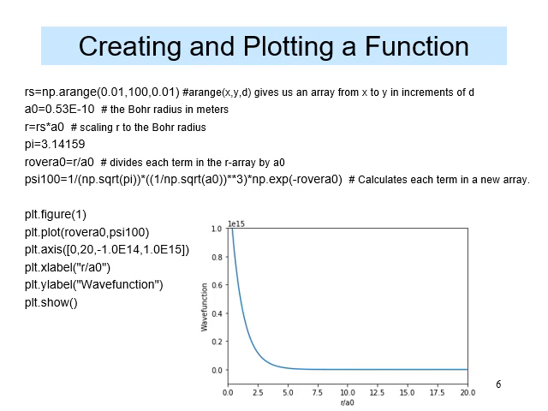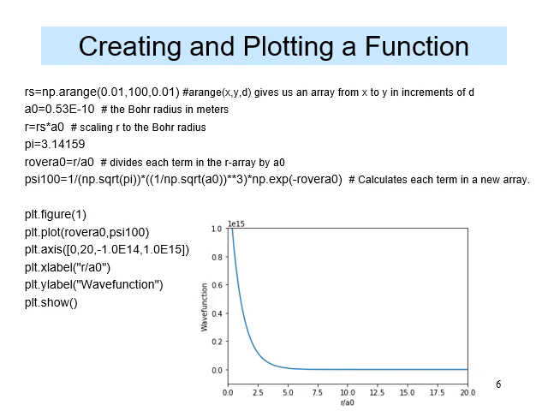In figure 1, we're going to plot r over a naught on the independent axis versus psi 100 on the dependent axis. So psi 100 here, r over a naught on the x-axis. So the distance measured in Bohr radii.